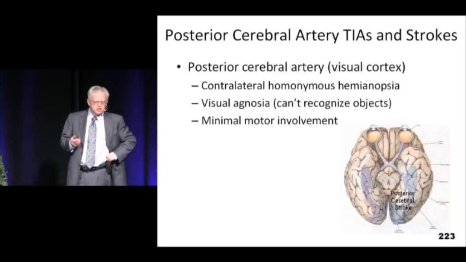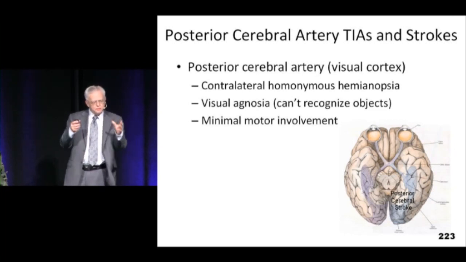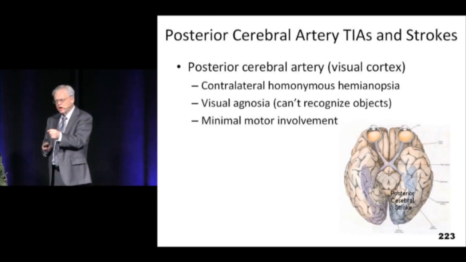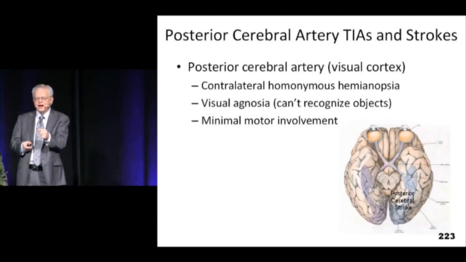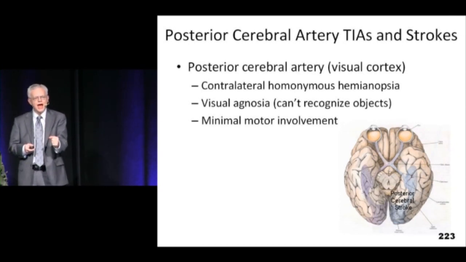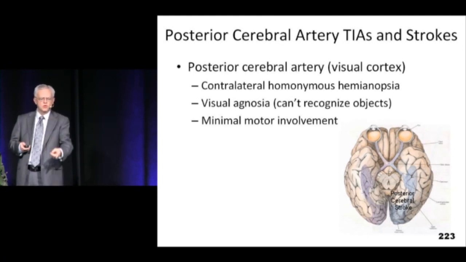Here's the posterior cerebral artery. It goes to the back. Now, understand the posterior fossa has about 15% of the volume of the brain, but it has all the important stuff. This is what keeps you alive. This is where you breathe. This is where you move.